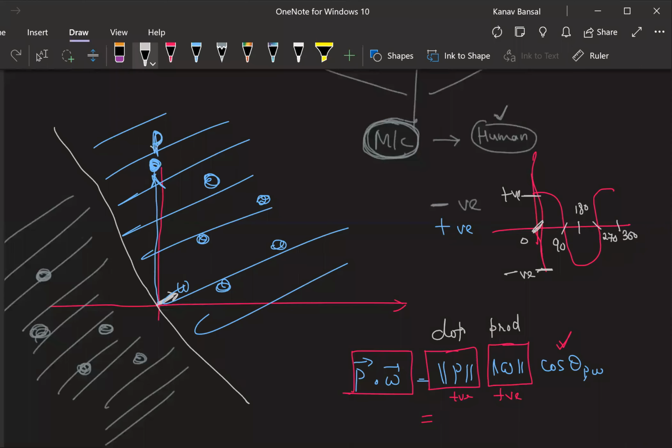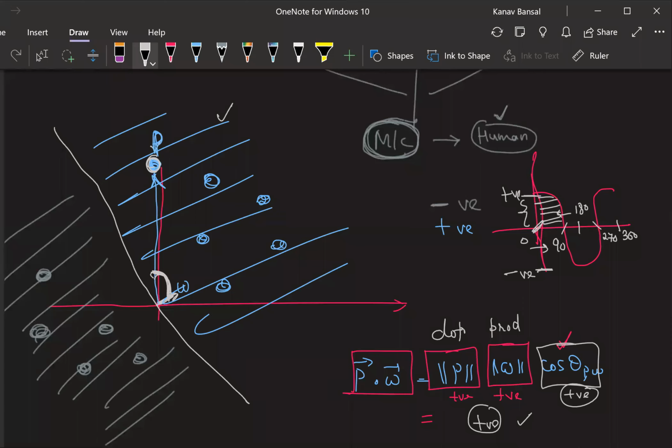If you look at the angle between W and P, it is greater than 0 but less than 90, so this entire region is a positive region. It is going to be a positive value. Since the output is a positive value, this point lies on the positive side of the plane.